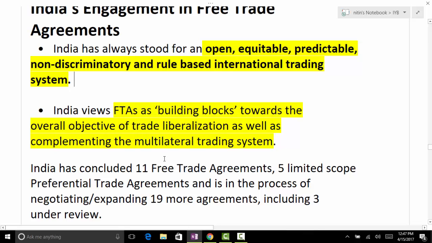So India sees FTA as an overall objective using trade liberalization and complementing the multilateral trading system. What is this multilateral trading system? Which agency works for it? WTO. Yes, right. What is multilateral trade? Kavi?